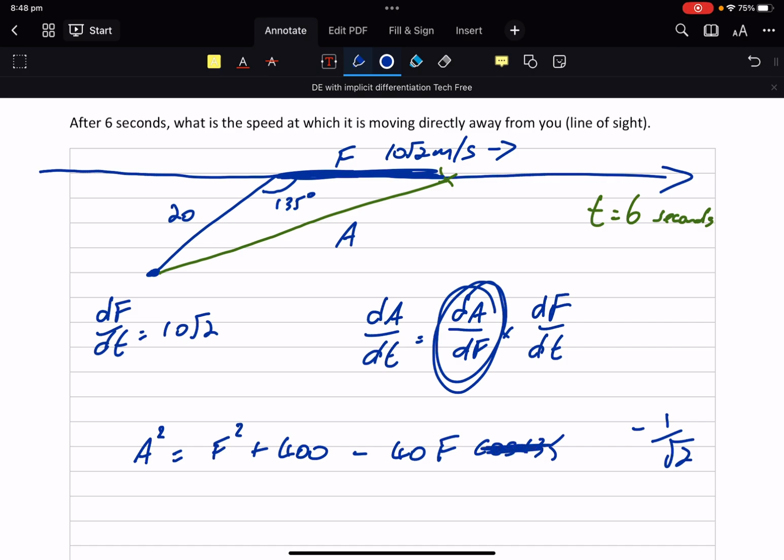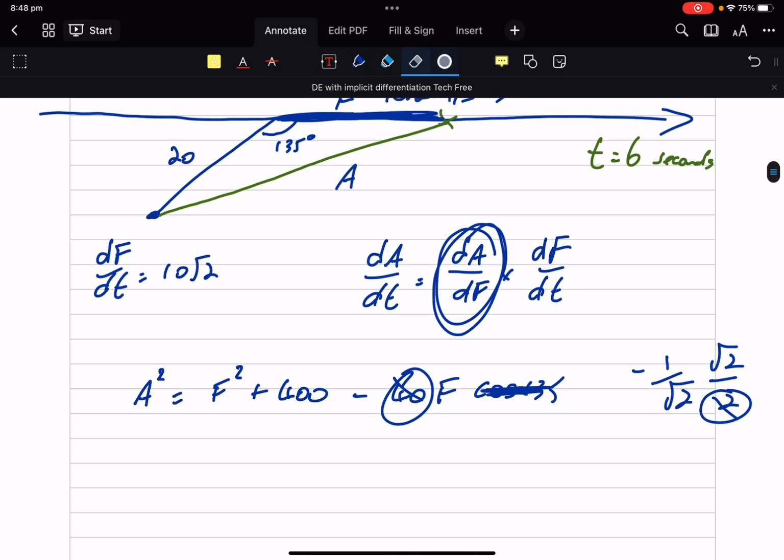We want to rationalise the denominator, so it's going to be root 2 on 2. That 2 and that 40 will cancel, and we'll get, I guess I can just write it out. Put the number at the end.